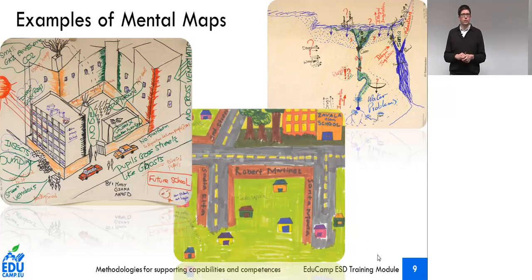Here in this slide, finally, you can see just a few impressions of how those mental maps might look. The first, on the upper left side, is a school that somebody drew, perceiving what an ideal school might look like, or the school where he or she grew up.